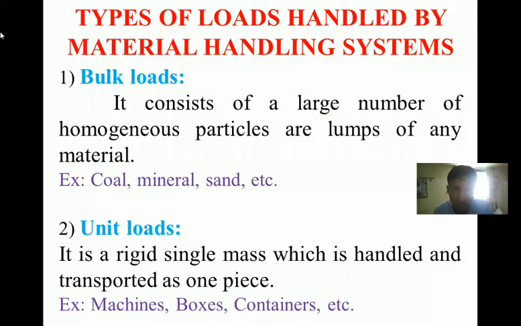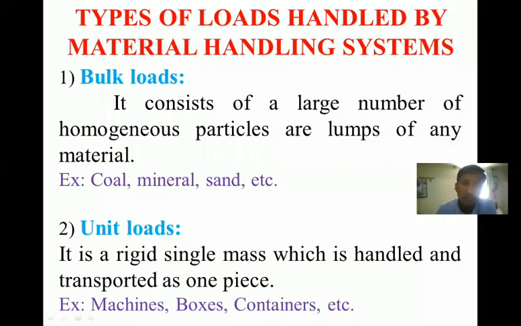So next is different types of loads handled by material handling systems. Loads are basically classified into two types. The first one is bulk loads and the second one is unit loads.